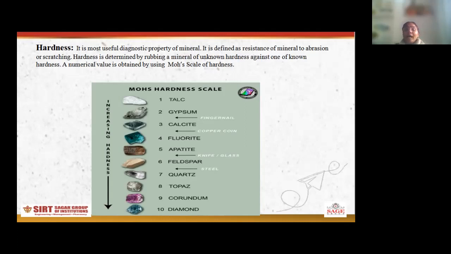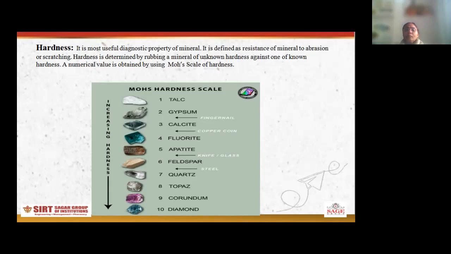Talc is the softest mineral; you can scratch it with your nail. If a mineral is scratched by a nail, it will definitely be talc. Then the second one is gypsum, which is scarcely scratched by a nail. So up to 1 to 2, they can be scratched by a nail.